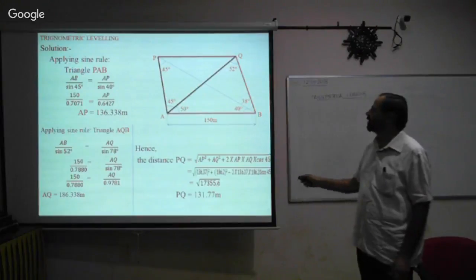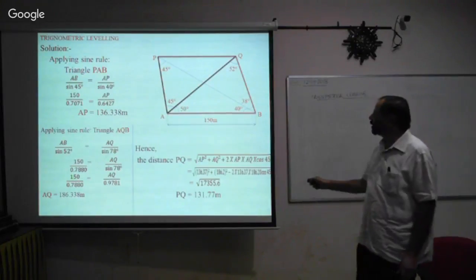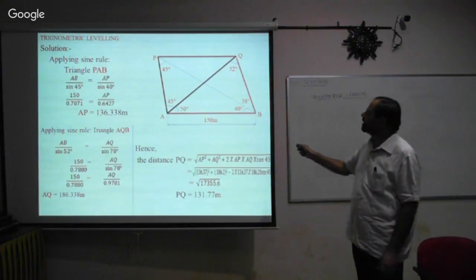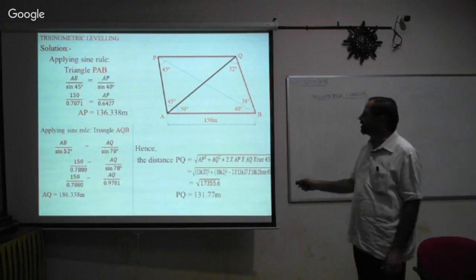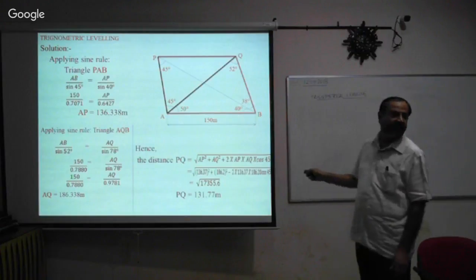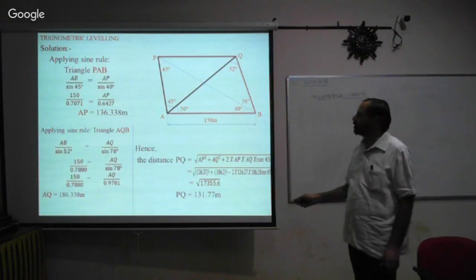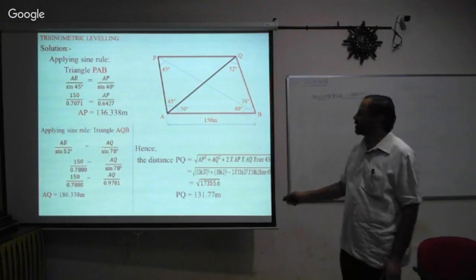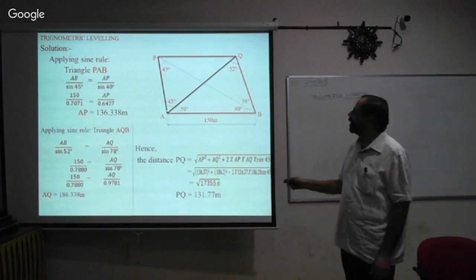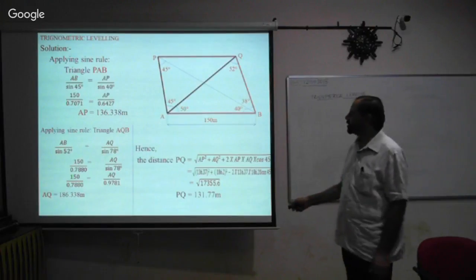Now this is known, this angle is known, this angle is known. Therefore, we can calculate AQ. Now this is AB divided by sine 52, and similarly AQ divided by sine 78 degree. Isn't it? Solving this equation, now we will get AQ is equal to 186 meters. Isn't it?